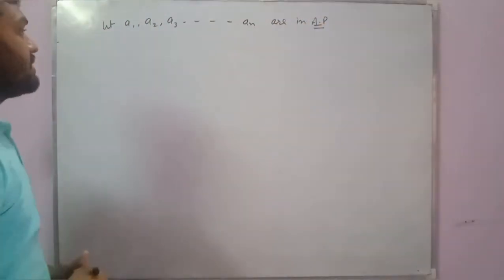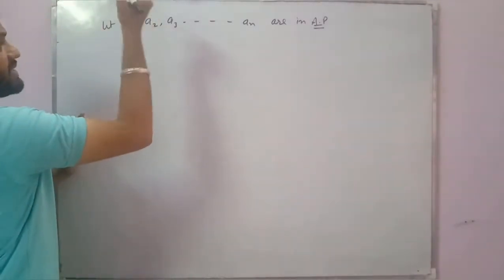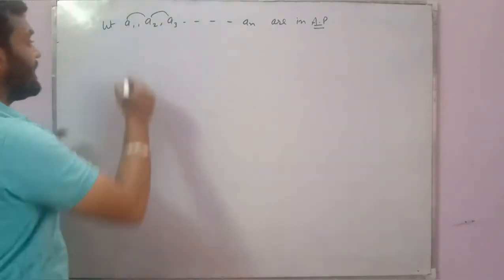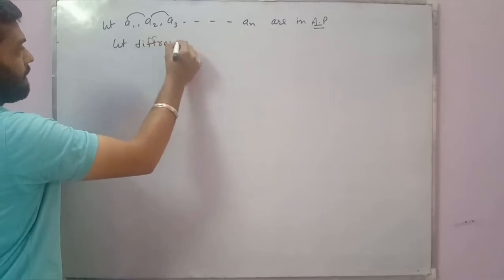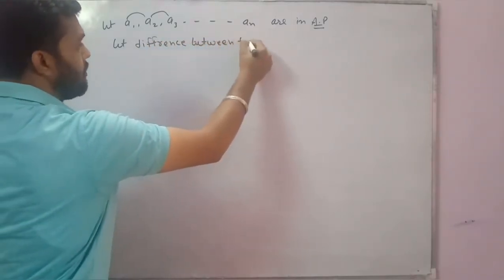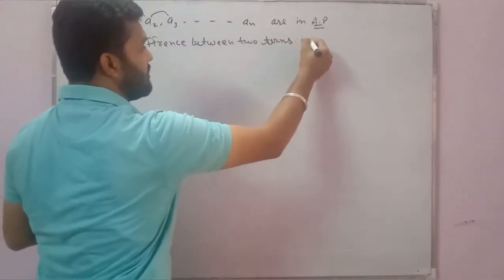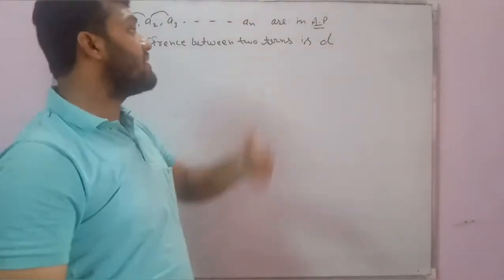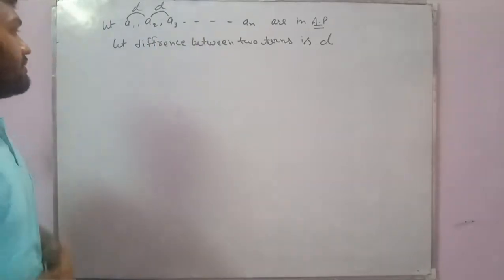It means the difference between two terms is the same, here the same, and so on. Let the difference between two terms be D. Let कर दिया कि ये डिफरेंस है वो D है, डिफरेंस D.